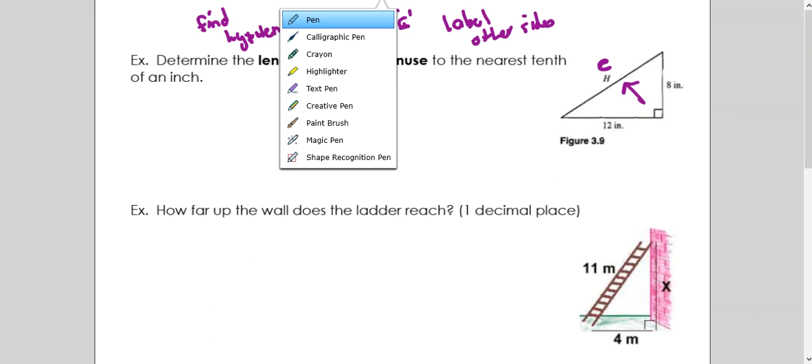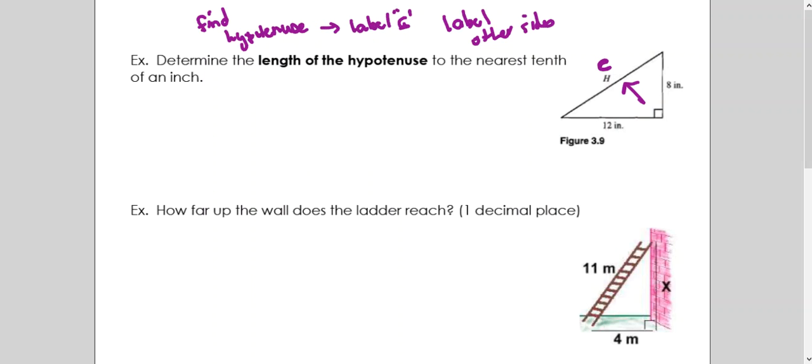This could be A and B, and that's interchangeable. But C always has to be the hypotenuse. If you mess up on labeling the hypotenuse, that becomes a problem. Always use C squared equals A squared plus B squared.